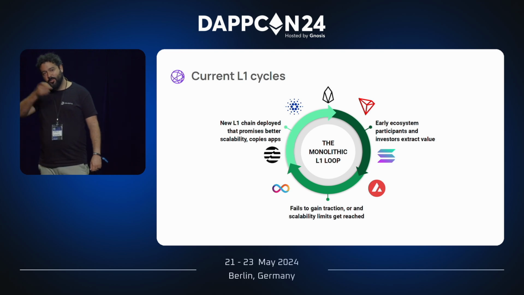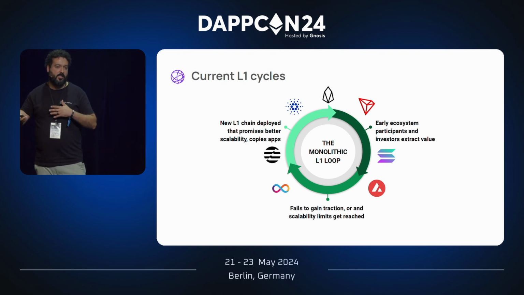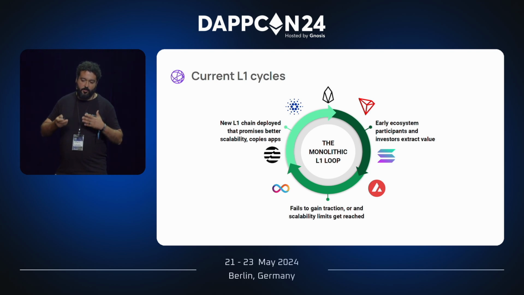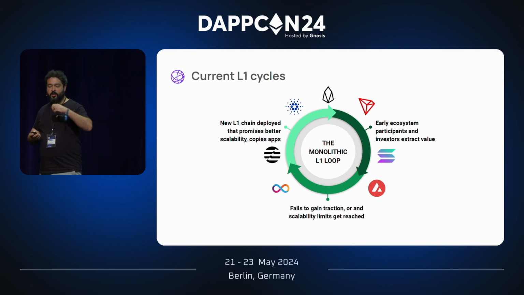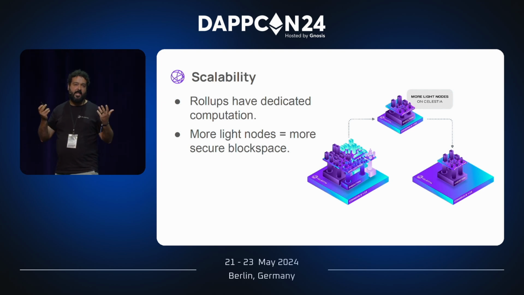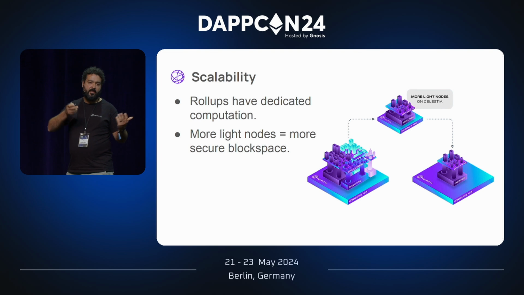That used to continue, and we want to basically break this cycle using modularity, because we remove the main bottleneck from the layer one, right? You move that by moving execution out of the layer one and having specialized, dedicated compute in the rollup layer instead.